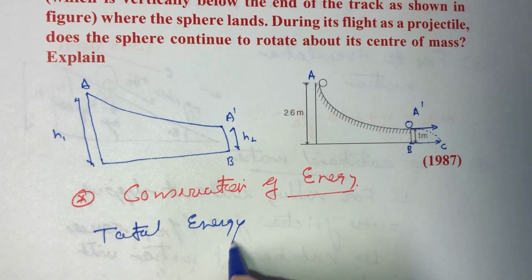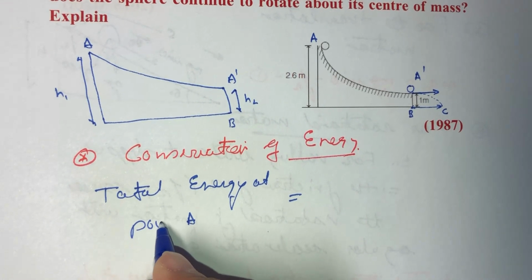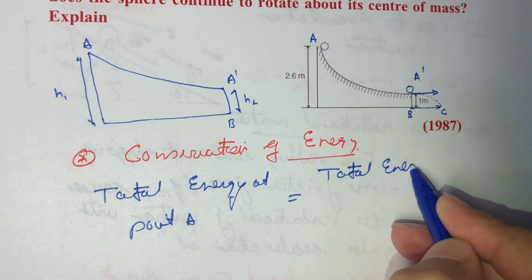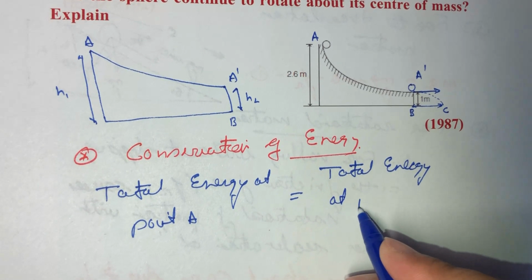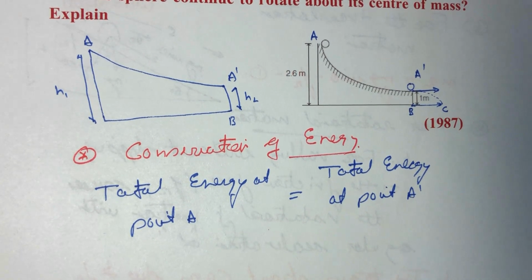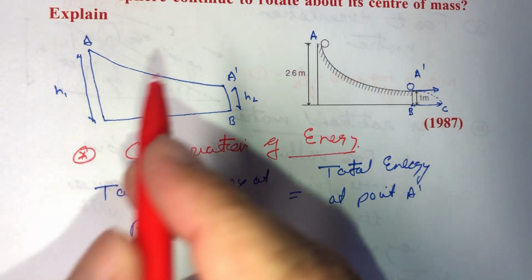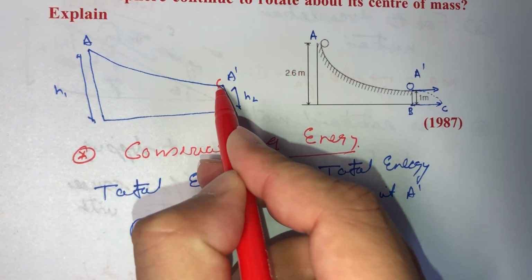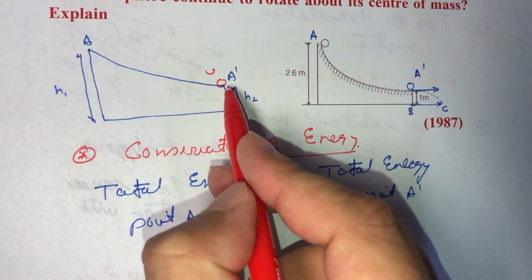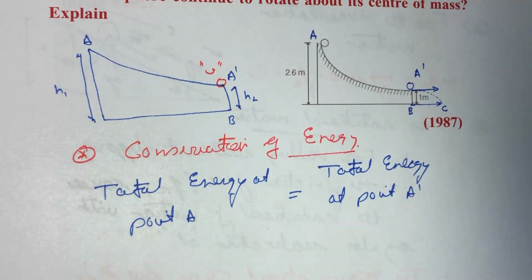And we assume that the velocity of the sphere at A prime is v.